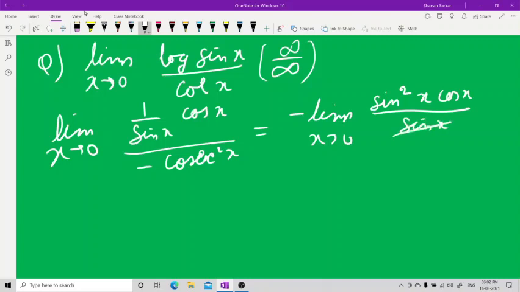Now this sin x and this sin x will cancel out, and when we take the limit, it will become 0.